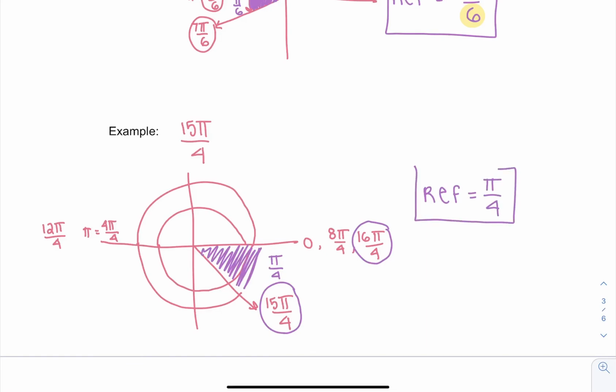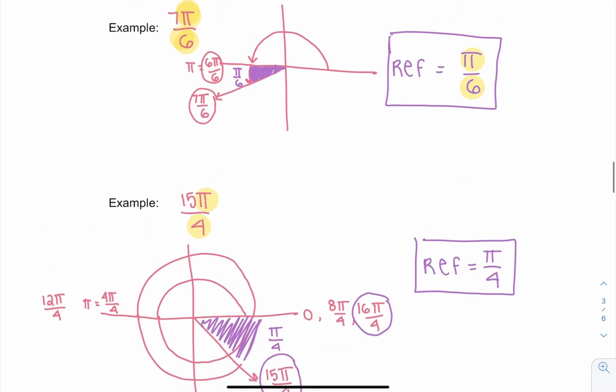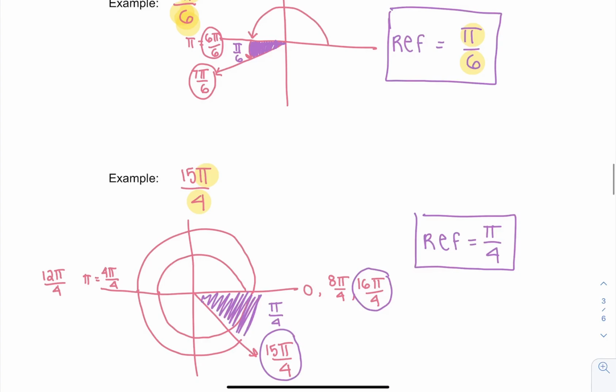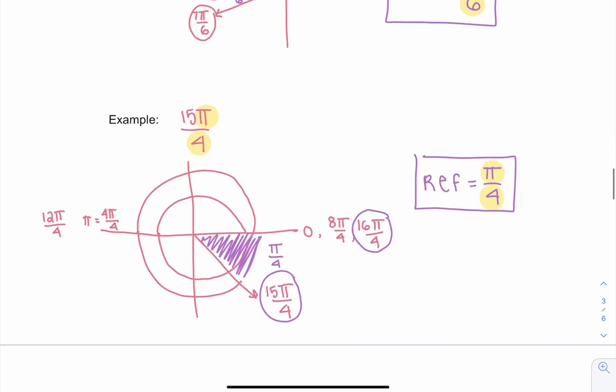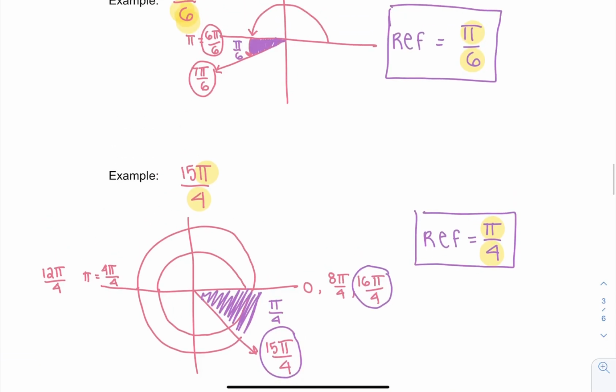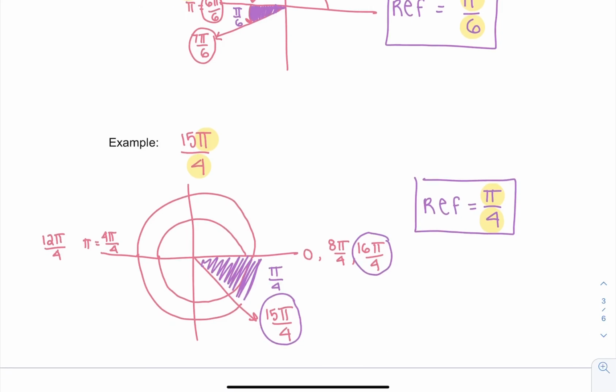Now our reference angle is really easy to spot by looking at the denominator and at the pi on top. So if the denominator is 6 and there's a pi on top, the reference angle is pi over 6. If the denominator is 4 and there's a pi on top, the reference angle is pi over 4. So just get comfortable with using these different words for angles rather than degrees. But the math that you do is almost exactly the same.